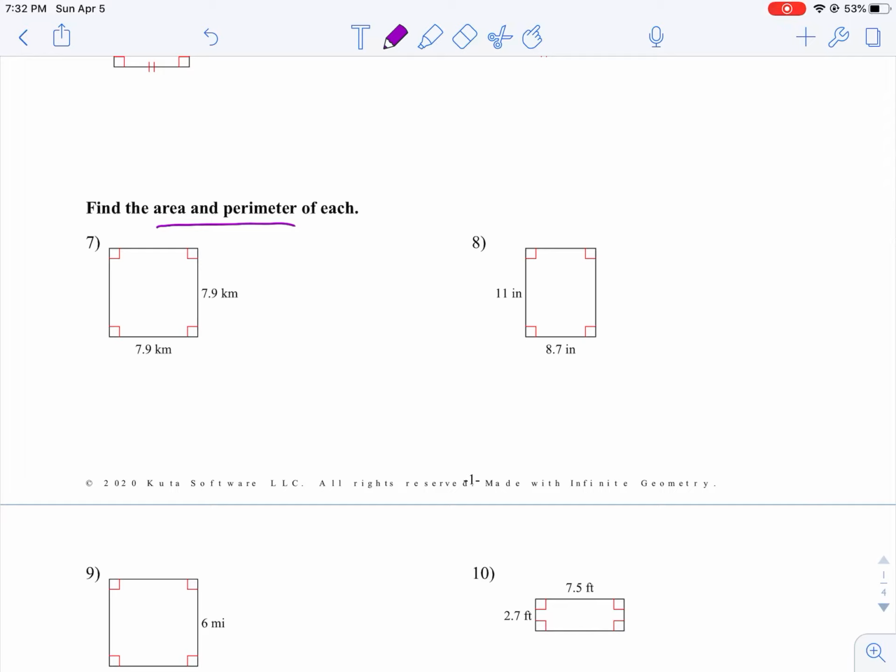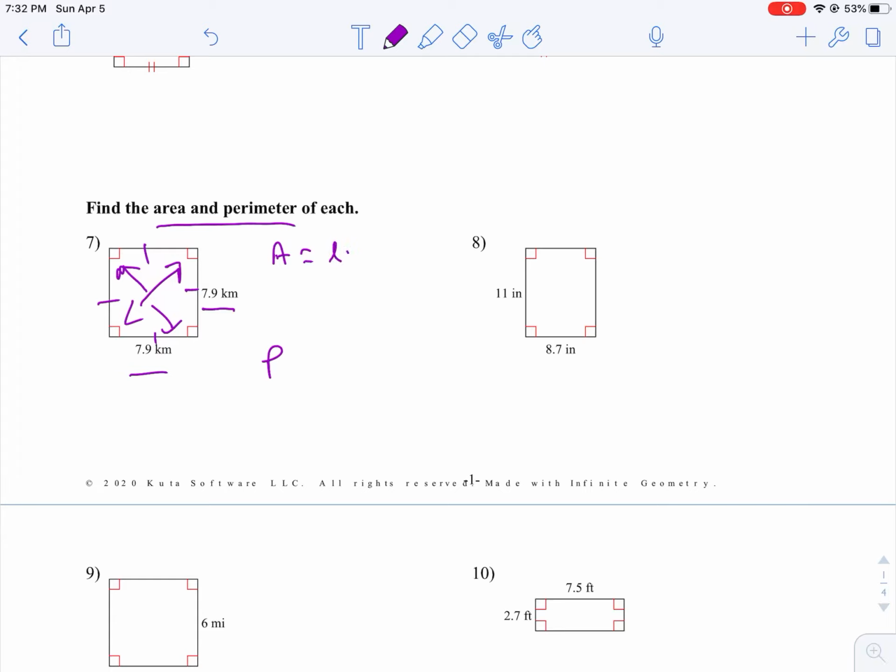So then down here, you're going to need your calculator. We want to find the area and then the perimeter, okay? So if you look at this, this and this side are the same. Because the four angles are the same, that means all the sides are the same.